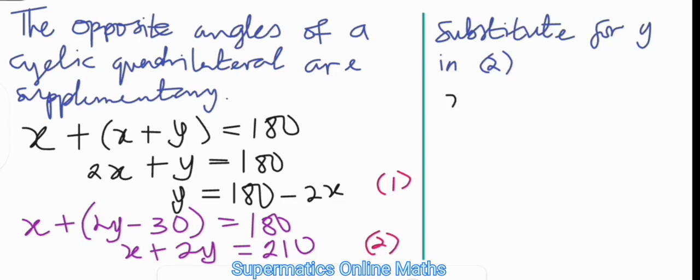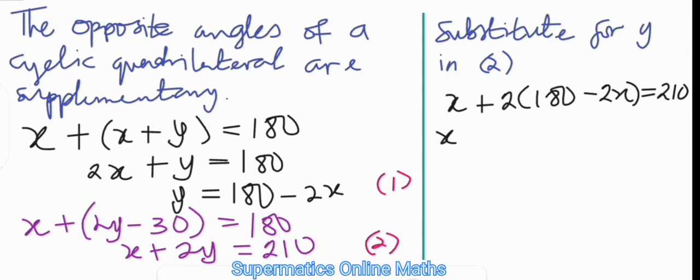Then we are going to substitute for y in equation 2. That is, equation 2 becomes x plus 2 times 180 minus 2x, which is the value of y from equation 1, and that's equal to 210. This is x plus 360 minus 4x when we distribute 2, and that's equal to 210.